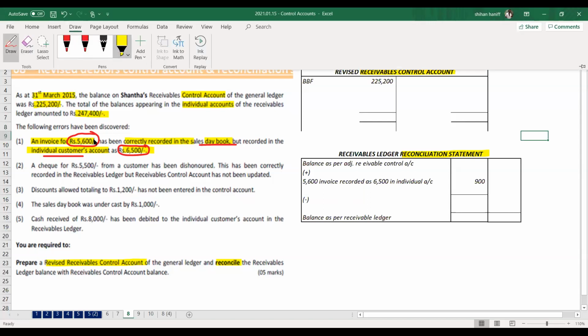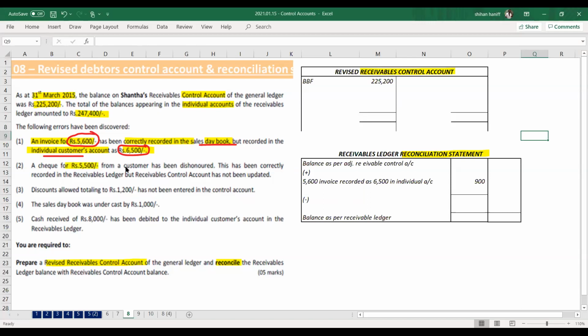In the second, a check for 5,500 from a customer has been dishonored. Once we get a check from the customer, bank account will be debited, debtors account will be credited. This has been correctly recorded in the receivable ledger, but the control account has not been updated. What do we do, debit or credit in the control account?